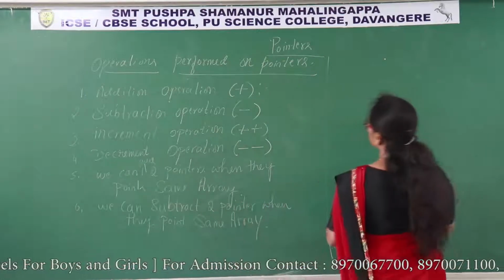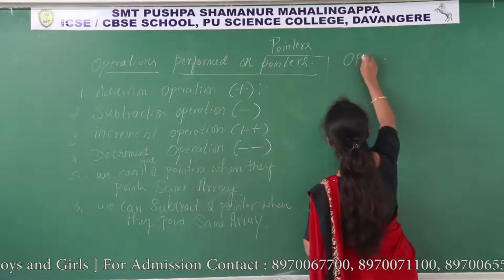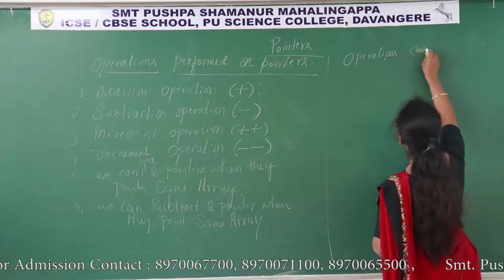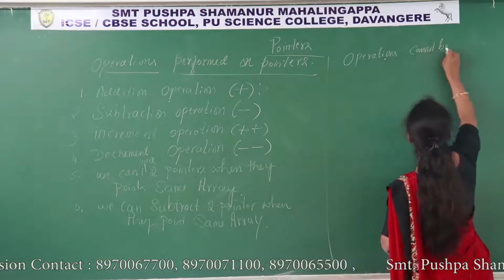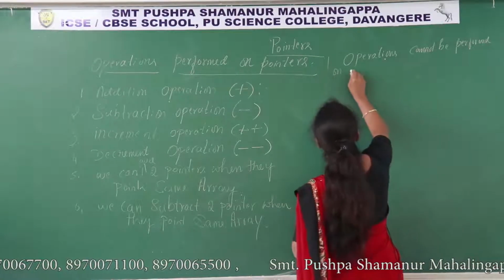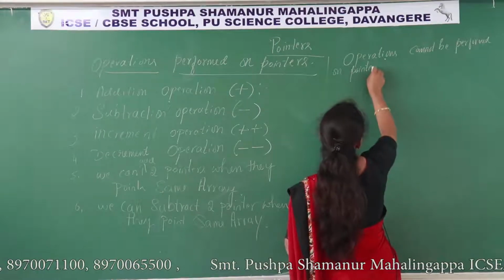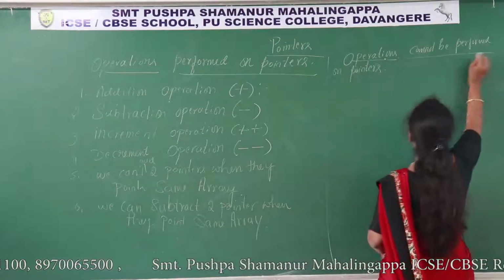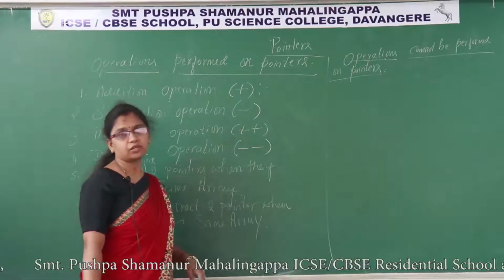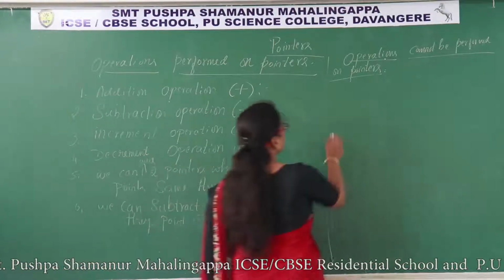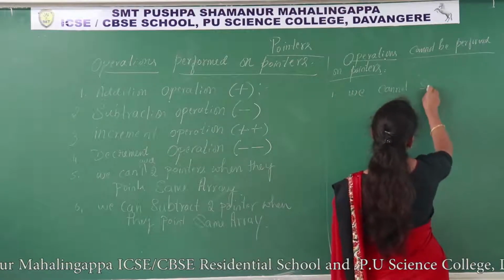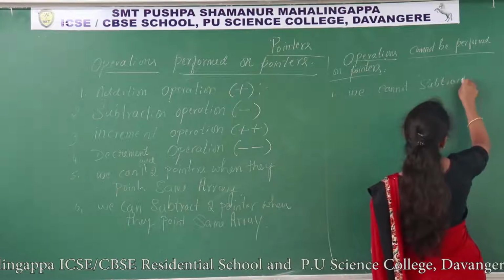Next, operations which cannot be performed on pointers. Okay. So what type of operations can we not perform on pointers? We cannot subtract 2 pointers.